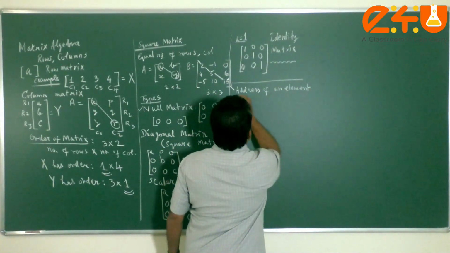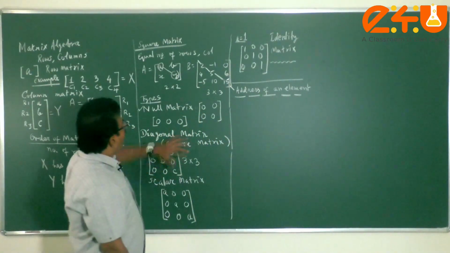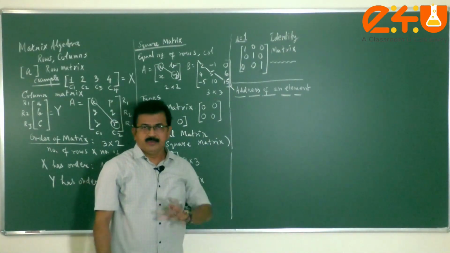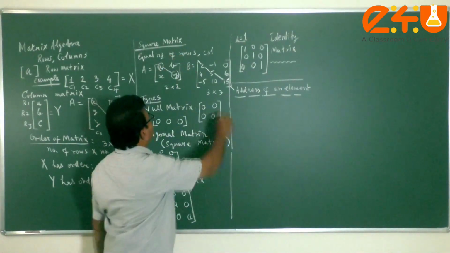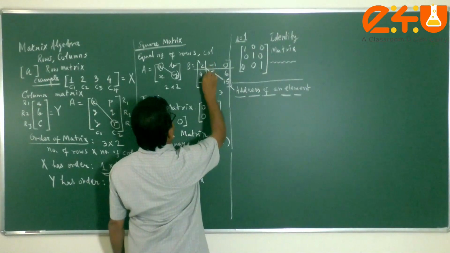Every student can easily see that in the orderly arrangement of the elements in a matrix, there is a prescribed row and a prescribed column.